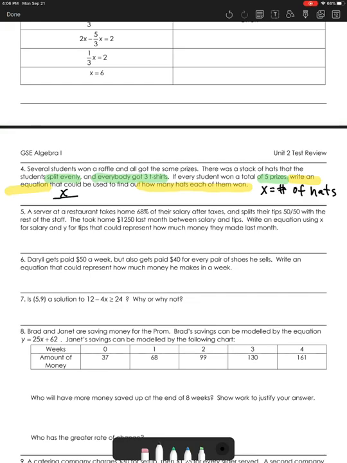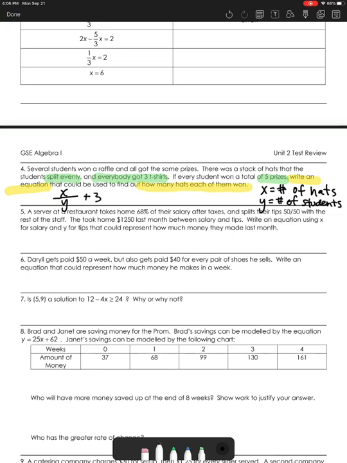Now we don't know how many several students is, so I'm actually going to define another variable. That's the number of students, because the total number of hats has to be divided by the total number of students because they were split evenly. Okay, and then everyone also got 3 t-shirts.